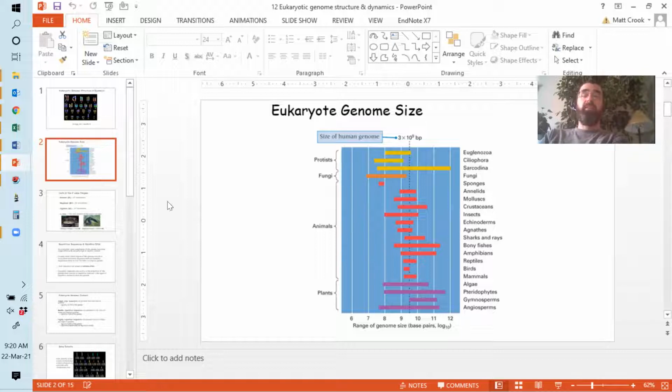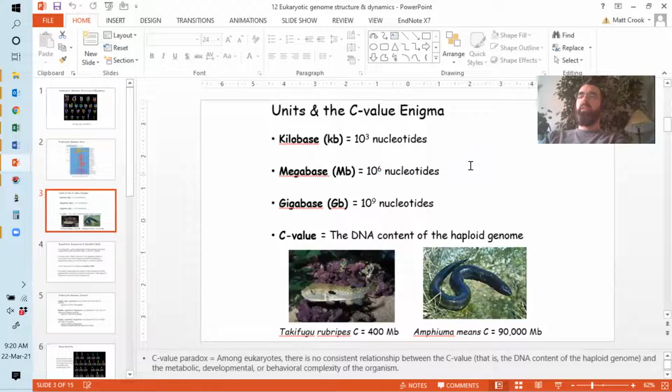So that's about it. And this whole C-value enigma or paradox, and how we are complex organisms, right? How we have complex behaviors and structures and so on and so forth, right?